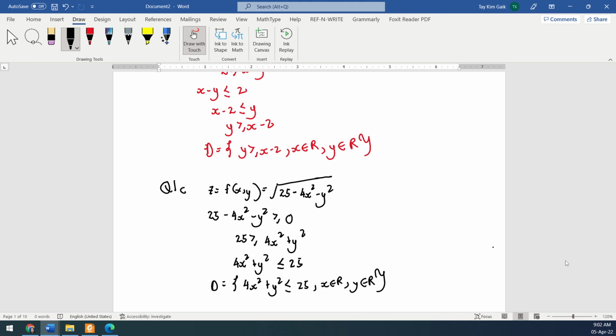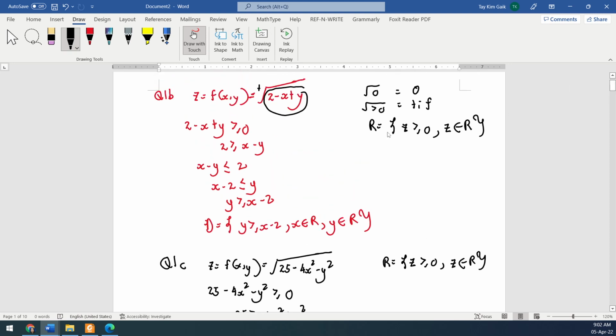Okay, and then range, same thing. Range here, when you have the positive square root, your range is actually z greater than or equal to 0, where z is a member of real number, for the same reason as question 1b.